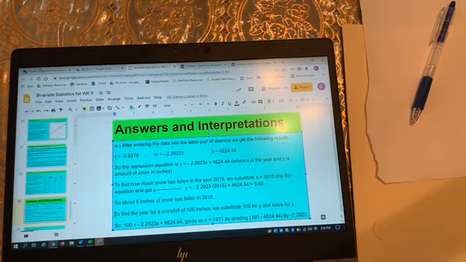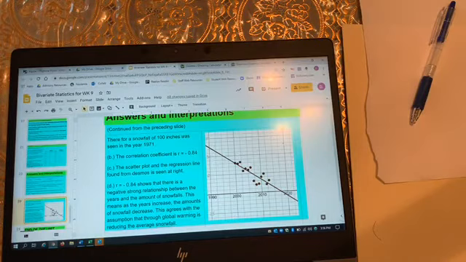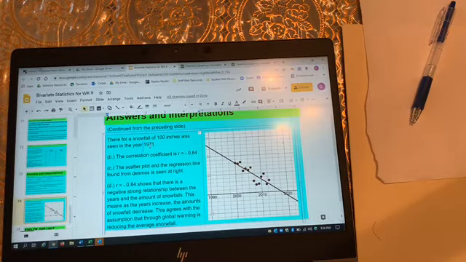Subtract 4,624 from 100 and divide by negative 2.2923. The result is that a snowfall of 100 inches was seen in the year 1971. This answers in what year 100 inches of snow fell.